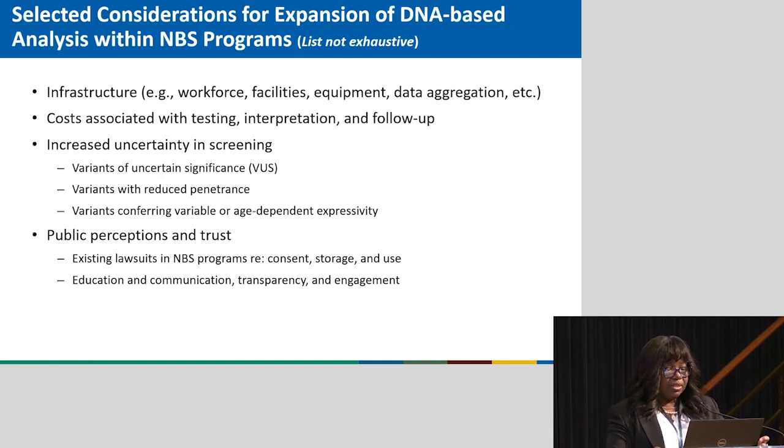While certainly the concept of uncertainty is not novel to medicine or specific to newborn screening or sequencing, the considerations around uncertainty need to be examined differently when it is under a mandated model.